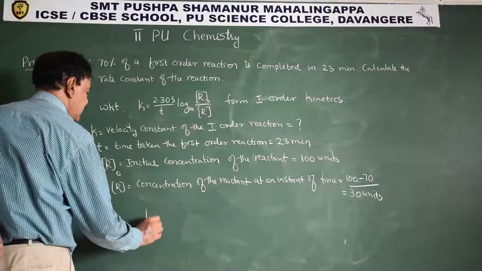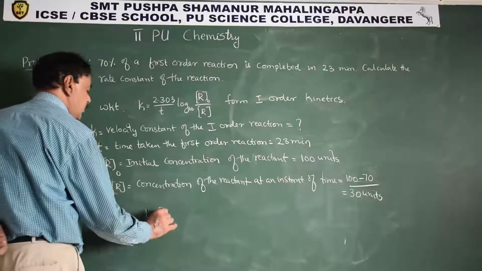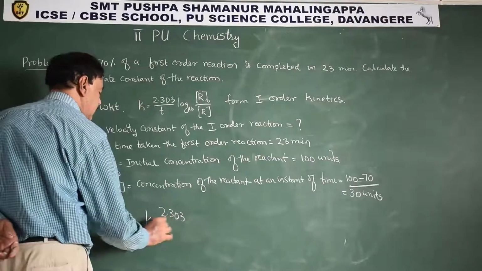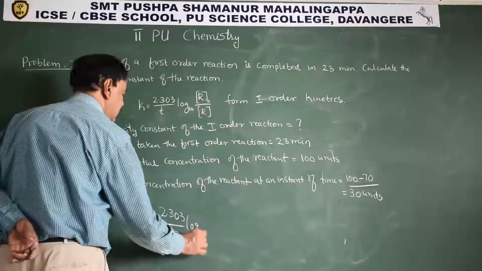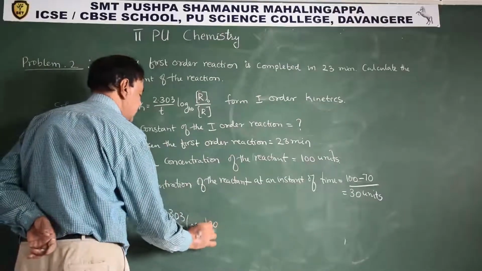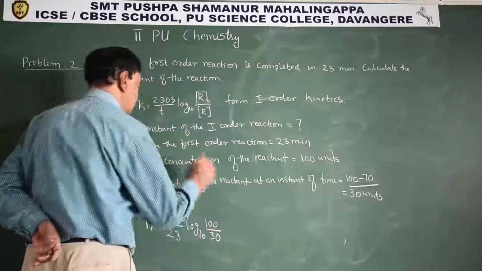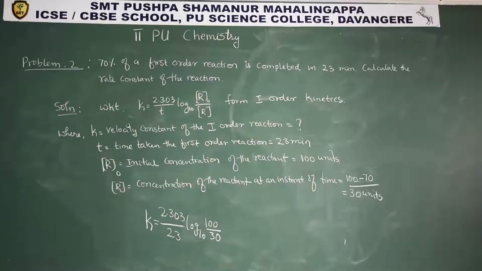K is equal to 2.303 divided by 23 log base 10 of 100 divided by 30. This is your velocity constant.